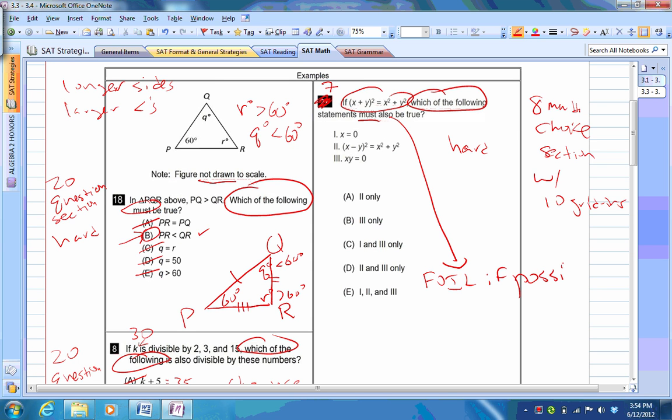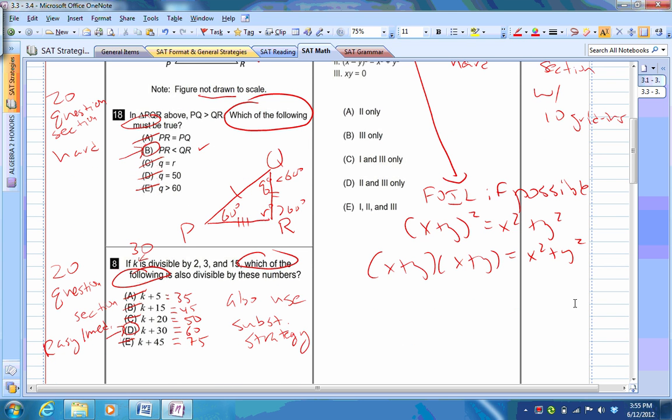So when you have (x + y)² = x² + y², that's like saying (x + y)(x + y) equals all that. Usually it helps to FOIL because then you can simplify afterwards. So you get this. Remember: first, outer, inner, last.